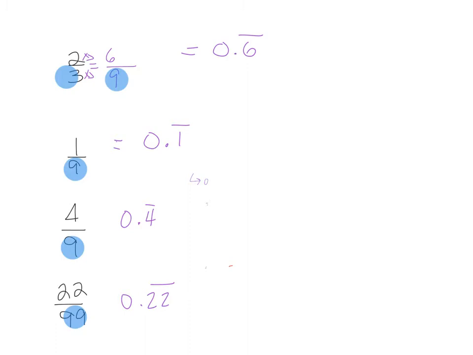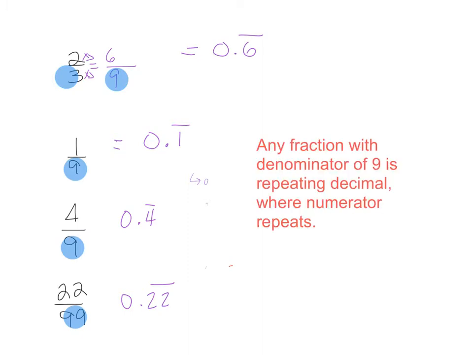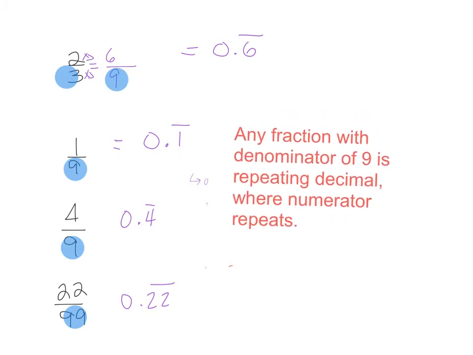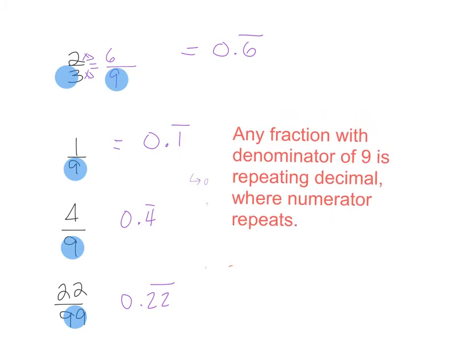You could make a very simple claim that any fraction with denominator of 9 or 99 or 999 or anything that can be changed into one of those, such as 3, will have a repeating decimal and the numerator will repeat. That's going to save you time when you don't have the use of a calculator.